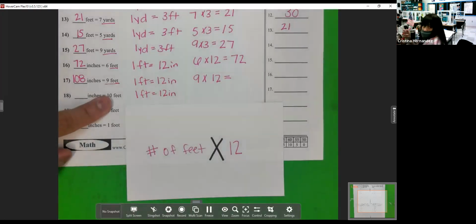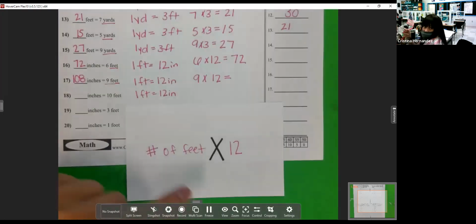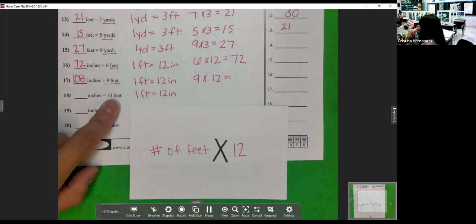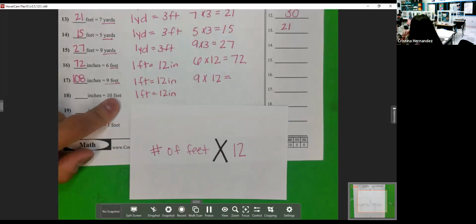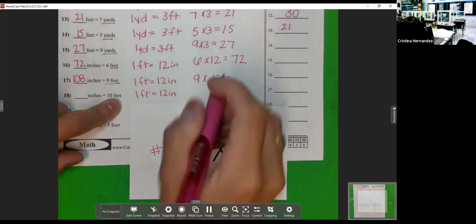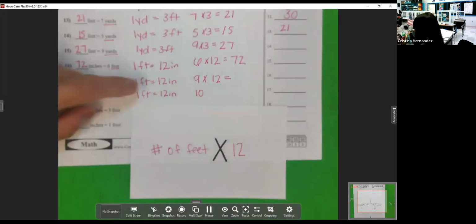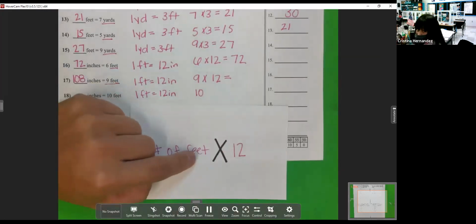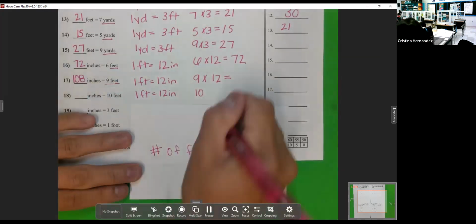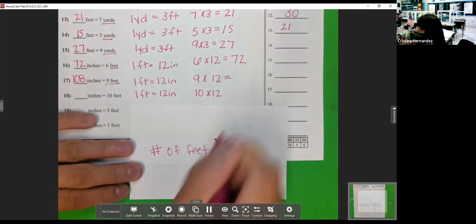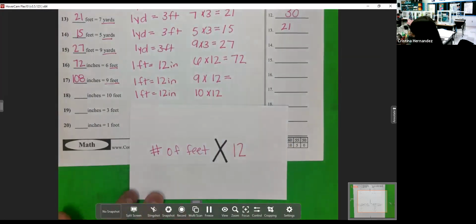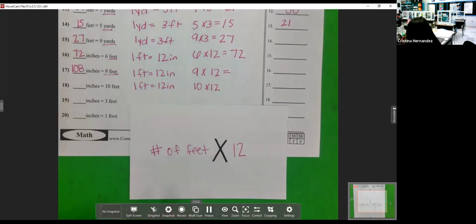And how many feet are we converting to inches on your problem? What's our number? 10. So 10 times what? You'd plug in 10 here and you'd put 12. Okay. What's 10 times 12?